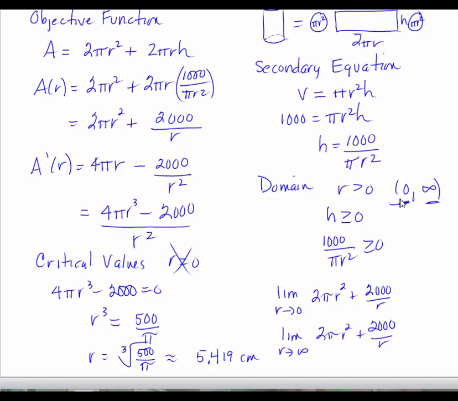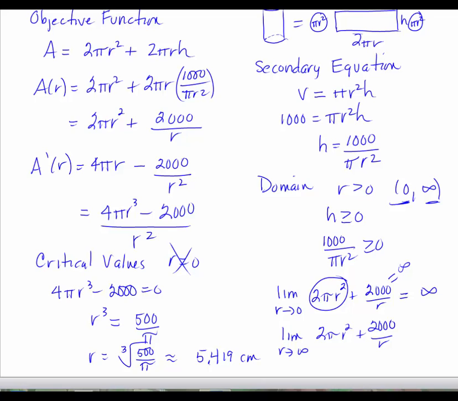So we're going to take the limit as r approaches 0, which is our left endpoint, and we'll take the limit as r approaches infinity, which is our right endpoint. When we let r approach 0, the first term of this function goes to 0. The second term will go to infinity. So we have 0 plus infinity is infinity.